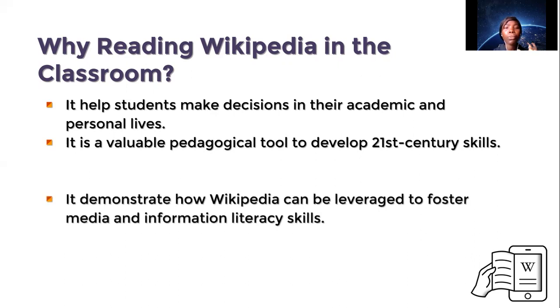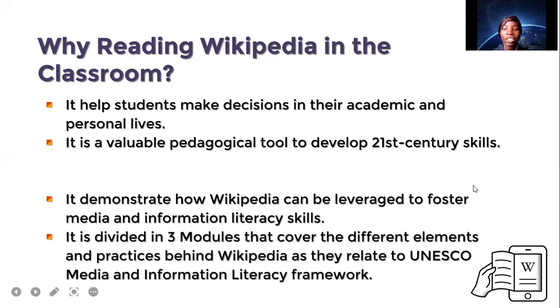This program is to demonstrate how Wikipedia can be leveraged to foster media and information literacy skills. We have so many 21st century skills on ICT and e-learning, but how do we have training that will help students better evaluate, understand, and access information in these online spaces? I believe the right answer to this question is the Reading Wikipedia in the Classroom program.